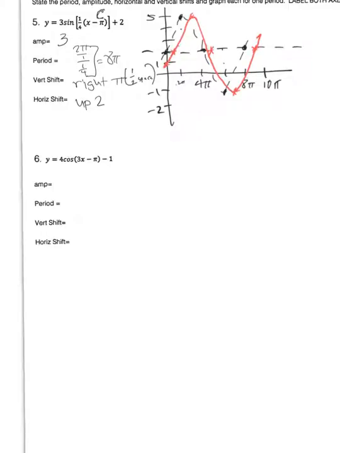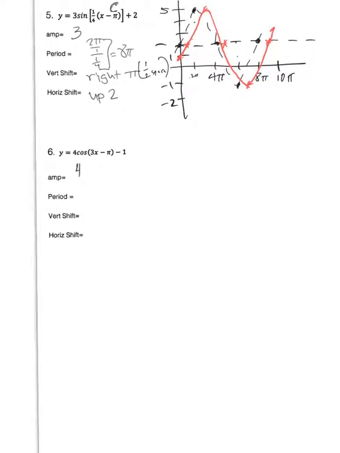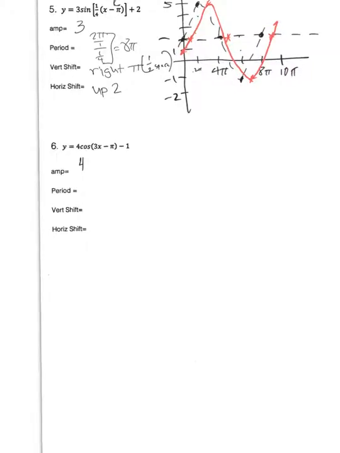Now for number 6, amplitude obviously 4. Period. I feel like I can't see that. Period is going to be, here's your B. There's the B. There's the C. Now, B is inside the parentheses here. This is D. So our period is 2 pi over 3.